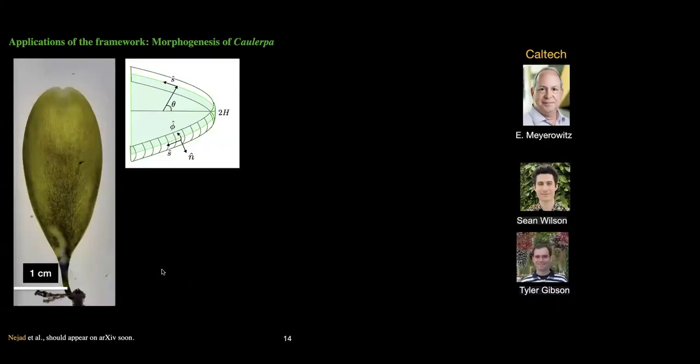To understand the shape and geometry of this system, I consider this coordinate system where I define the tip and look at the distance from the tip along the edge. I call it S. There's another direction perpendicular to the rim, which I denote by N. This leaf-like thing is like a 2D system.